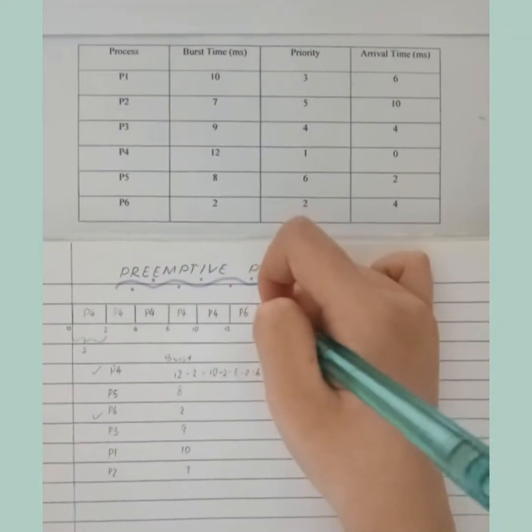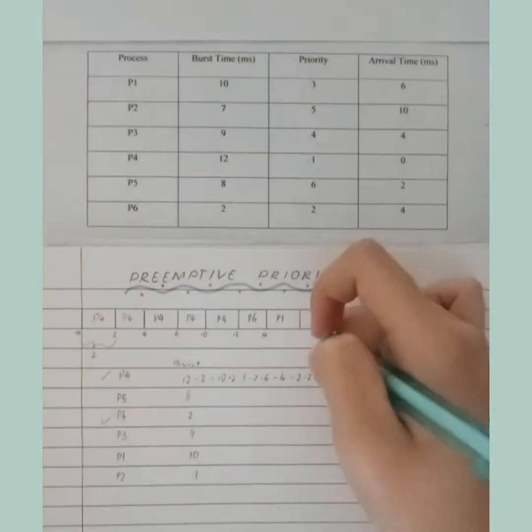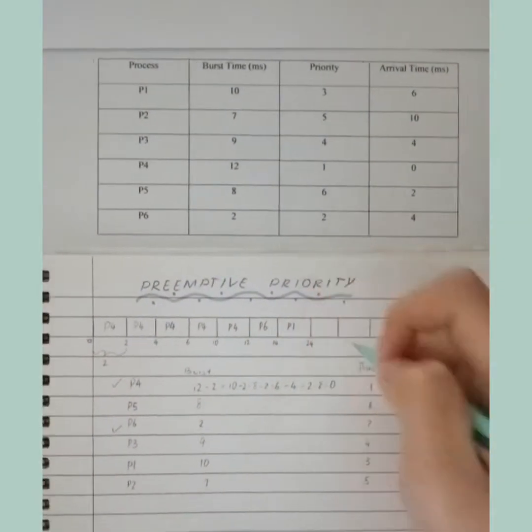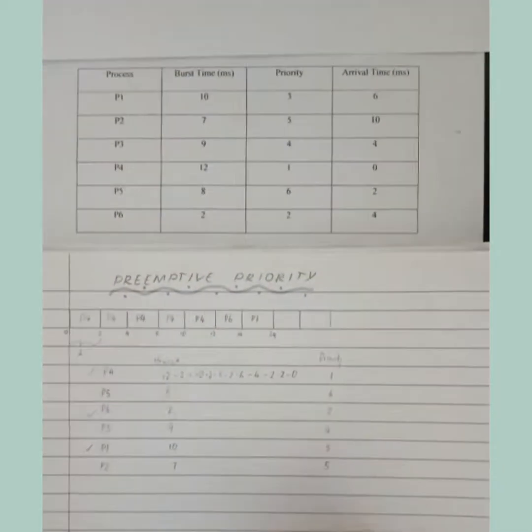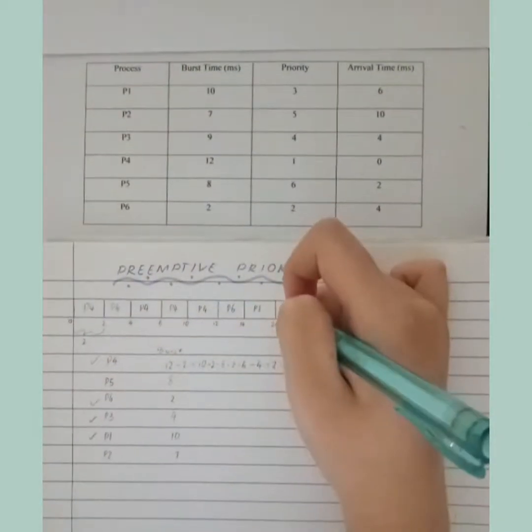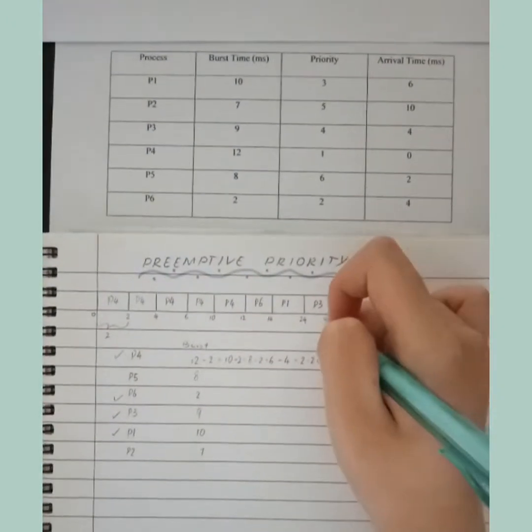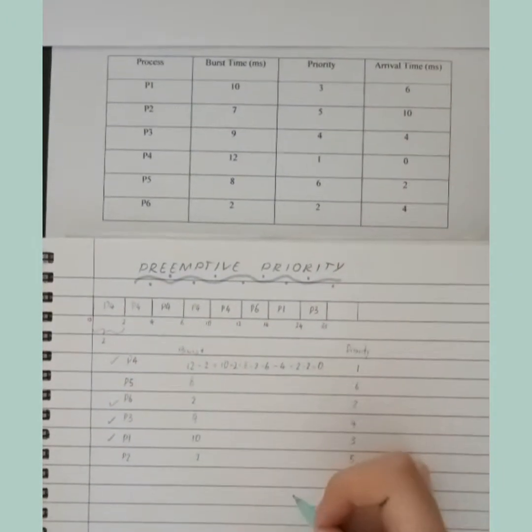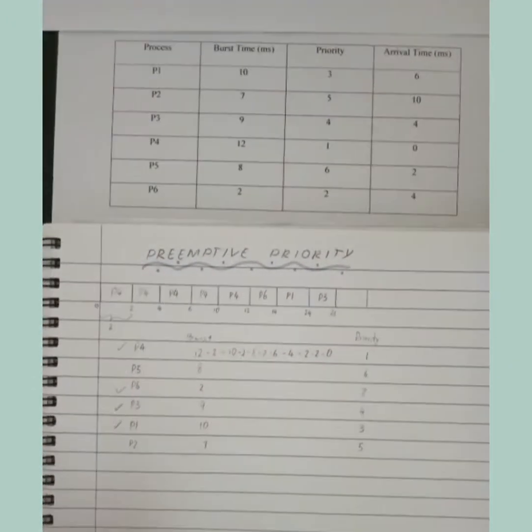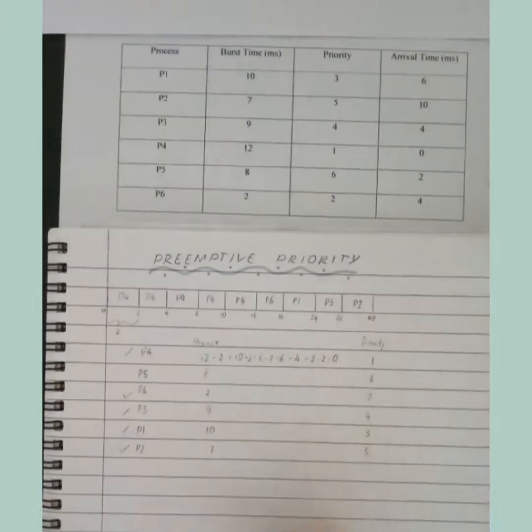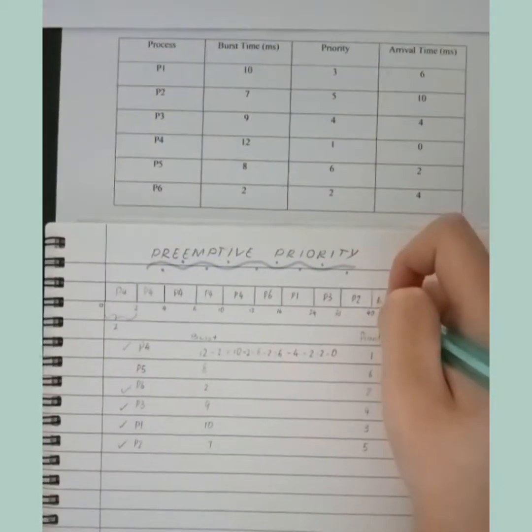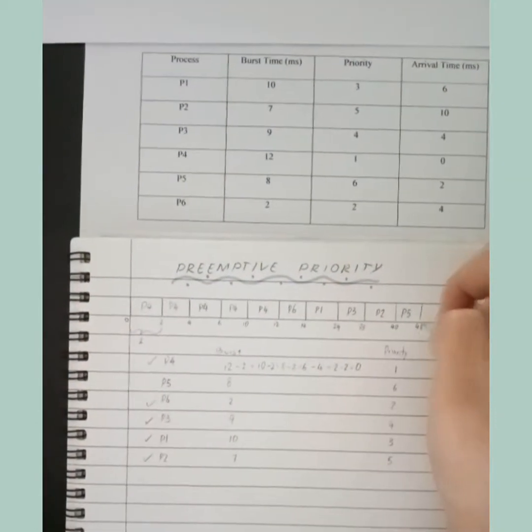So the next is P1, and then we go to P3. Next is 33. Next is P2, 40. And then lastly is P5, 40 plus 8 is 48.